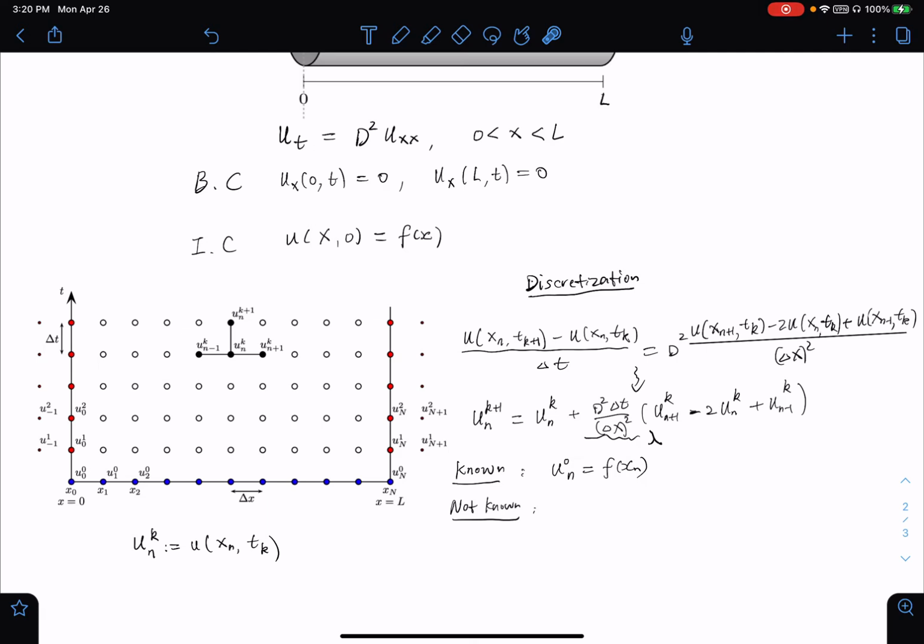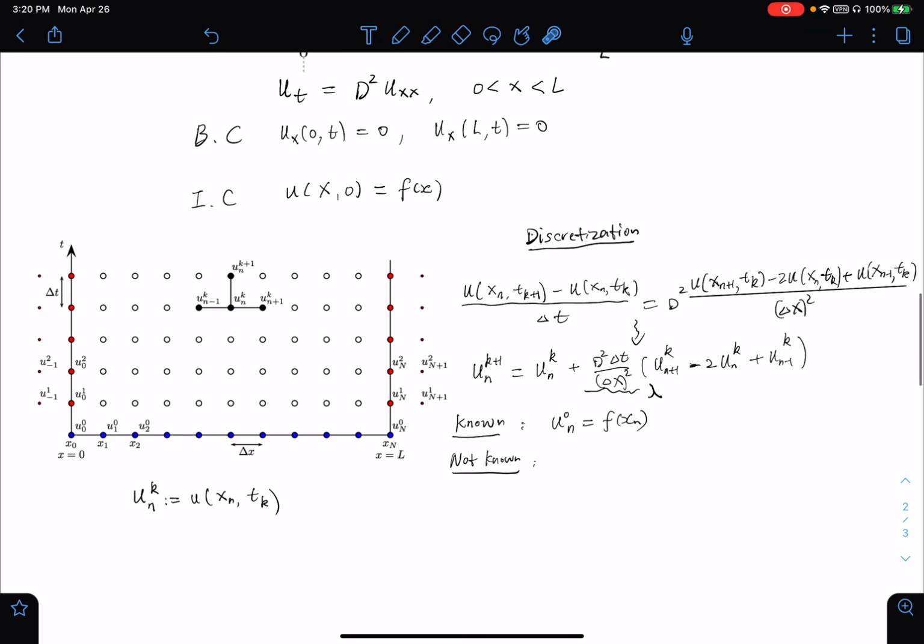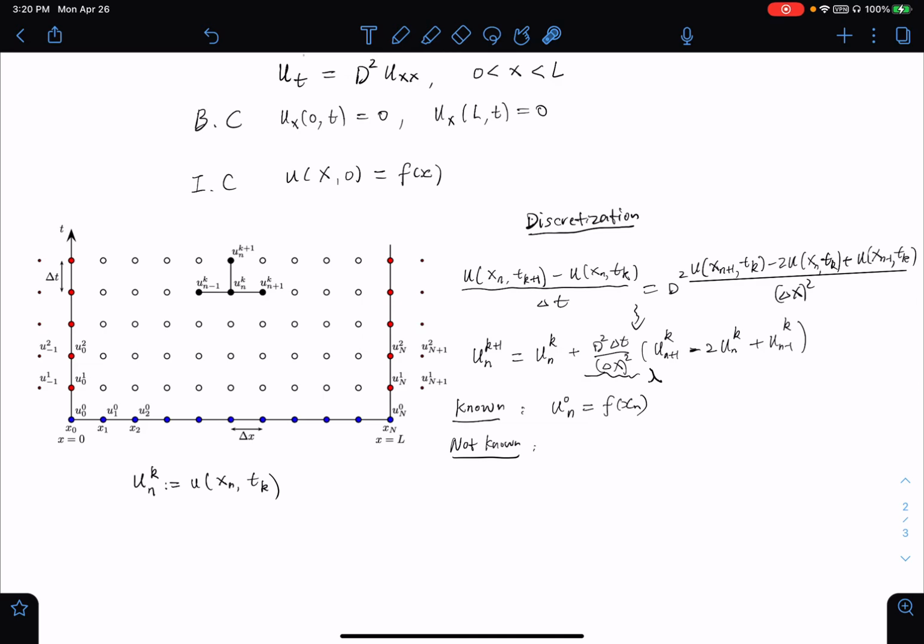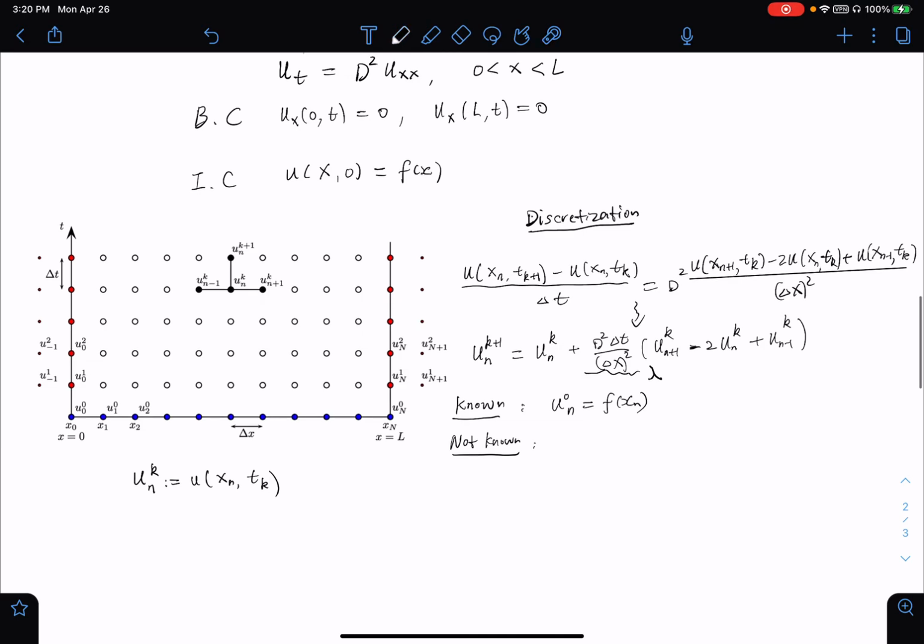So what can we do with these boundary conditions to estimate these values? One way we can try is to, for example, apply the central difference formula to these boundary conditions. So let us apply it. So here is a summary. We don't know the values.